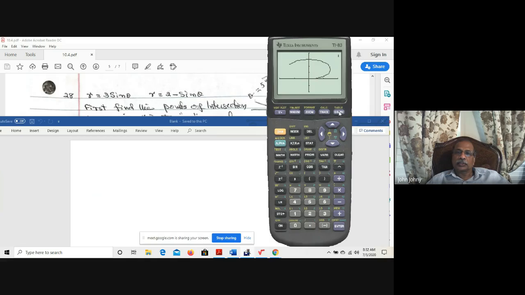This is r is equal to 3 sine theta. Now r is equal to 2 minus sine theta. So there it is, and here is the graph.